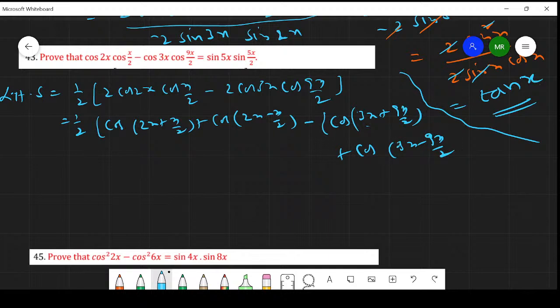Be careful here, 3x minus 9x/2. So simplification only, be careful here.